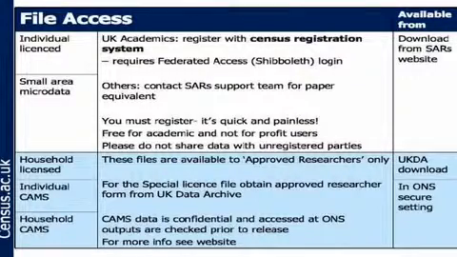However, the more detailed files are only available to approved researchers. And approved researcher is a legal status under the Statistics and Registration Act. And that applies to, if you look here, all of the files that are in pale blue. So that's the household file for 2001, where all the household members have a household ID, so you can connect them up and do things like household analyses.